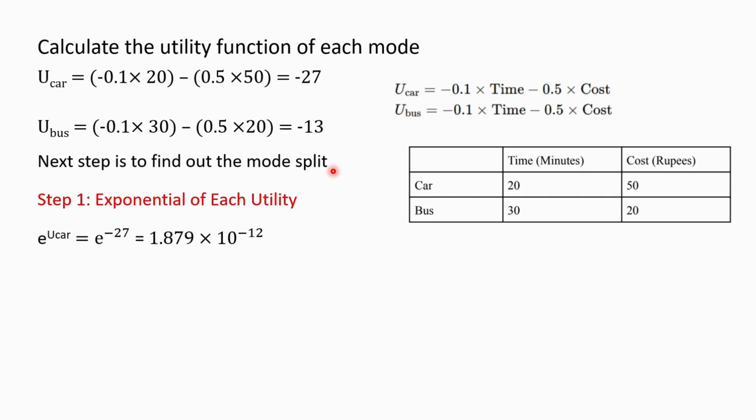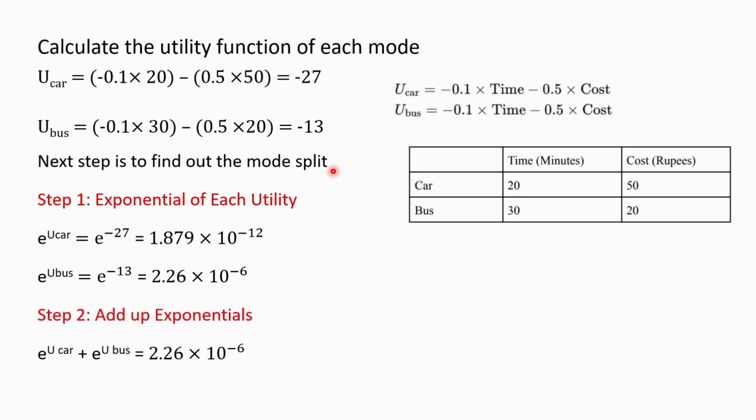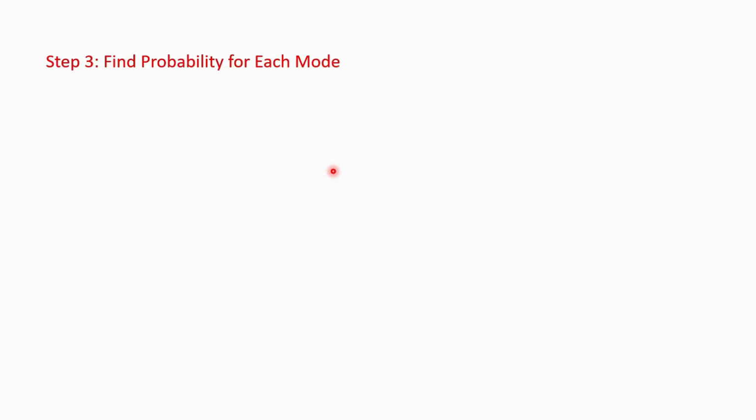So e raised to minus 27 is the exponential of utility of car. e raised to minus 13 is the exponential of bus utility. Now the second step is to sum up these, e raised to U bus and e raised to U car. And the third step is to find the probability.